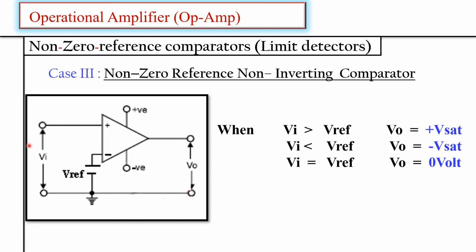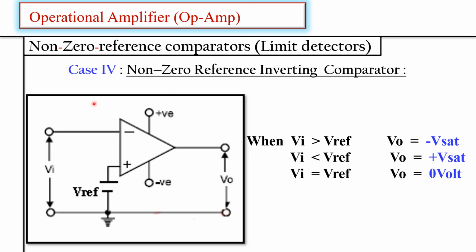And when Vin at the non-inverting terminal is less than Vreference, then the output goes to negative saturation. In short, when Vi is greater than Vreference, the output will be in positive saturation. When Vi is less than Vreference, the output will be in negative saturation, and when Vi is equal to Vreference, then Vout is equal to 0 volt, right?